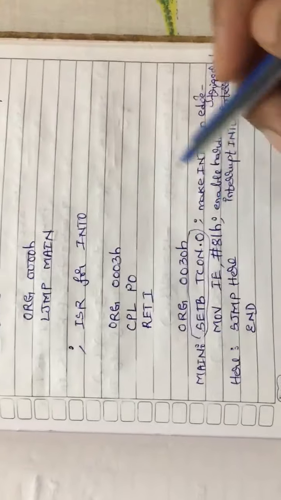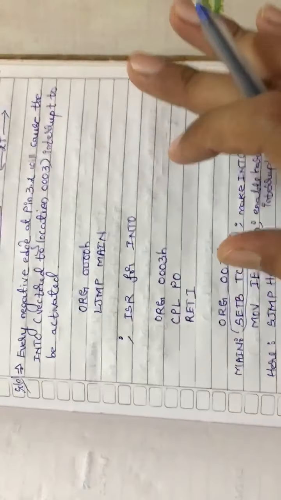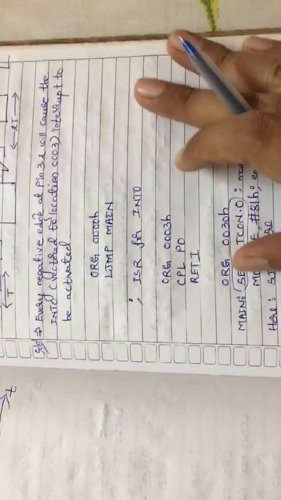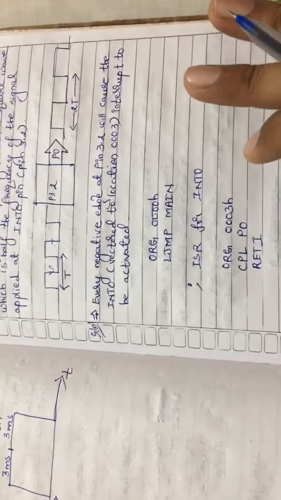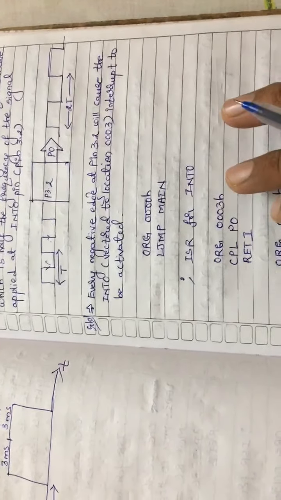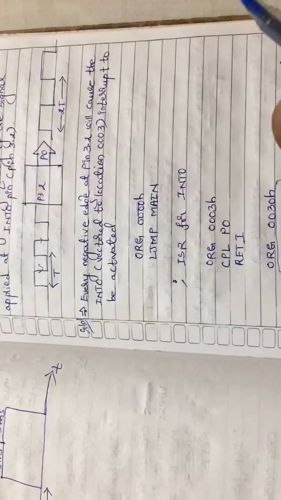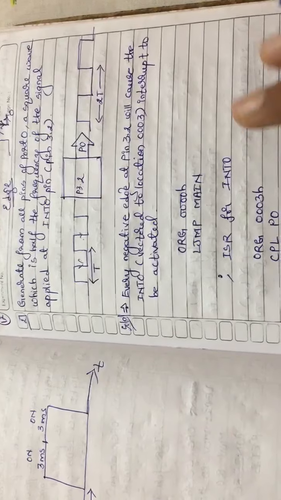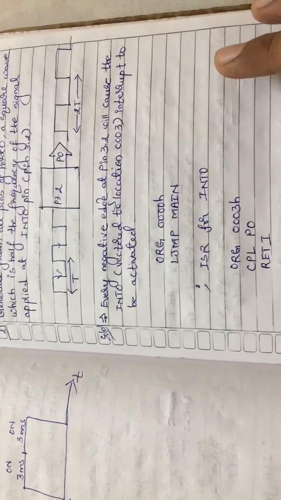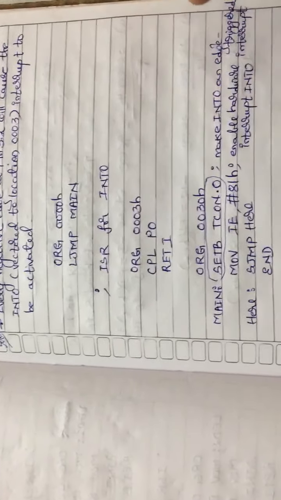Okay. So this is about the edge triggering interrupts programming. So by this we'll finish off the edge triggering interrupt programs. In the next we'll see how we can use serial port interrupt programming with examples. Okay. Thank you.